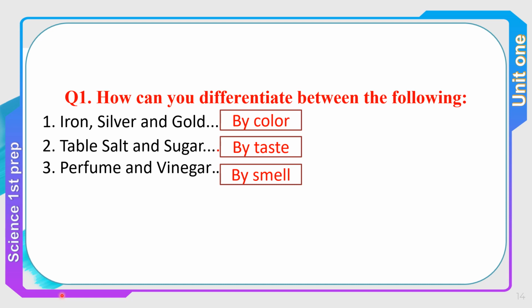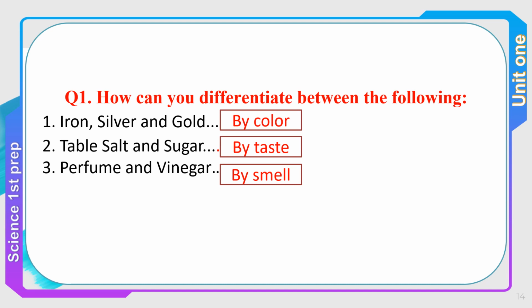I have 7 physical properties, and the first is color, taste, and smell. So this is easy for now. Science is such an easy, fun, and interesting subject.